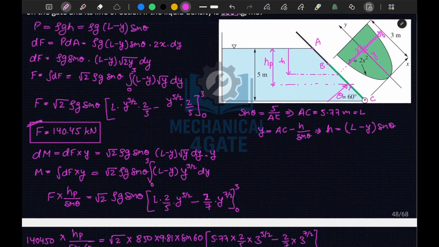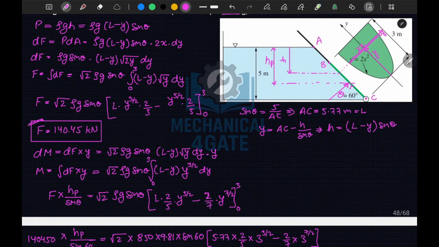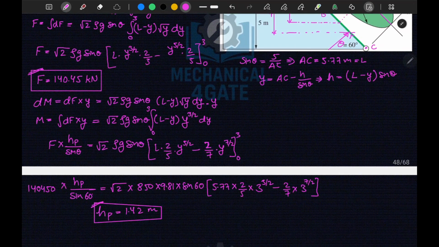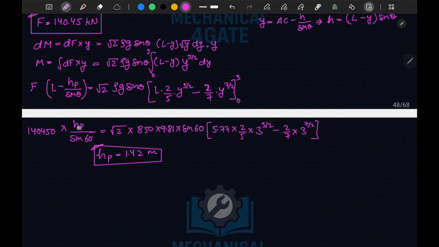Sorry, I made a mistake here. This distance here should be this one. So this is not hp; it is F into the distance AC, that is L minus hp. This is L minus hp.